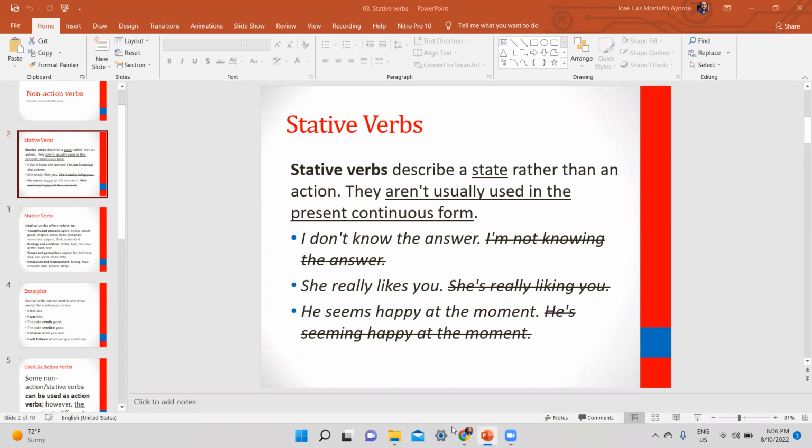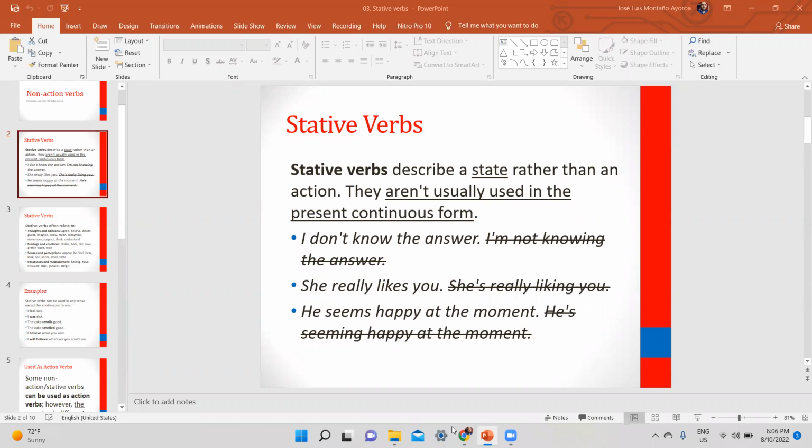We said that an action is something that involves movement, a physical movement or a mental movement in a certain way. For example, you can say I'm running, and you can also say I am thinking, because that's a mental process.